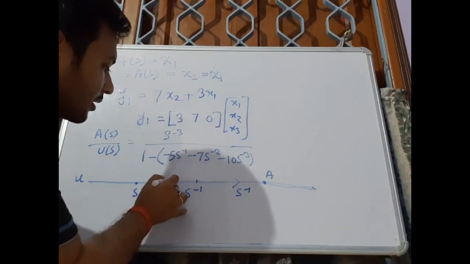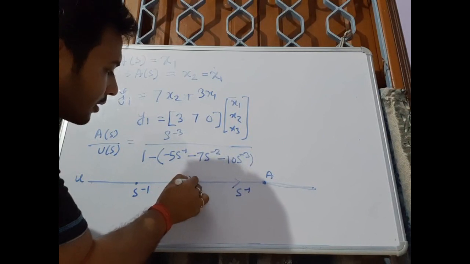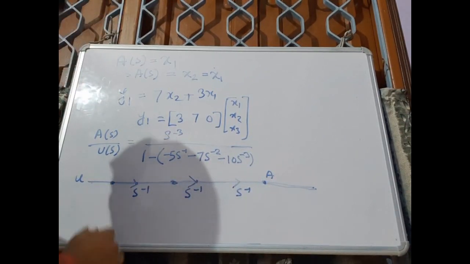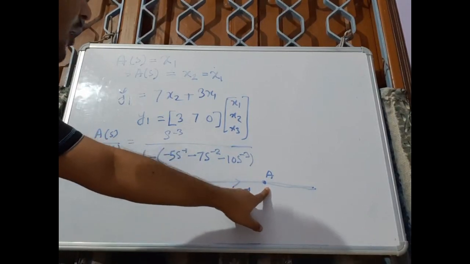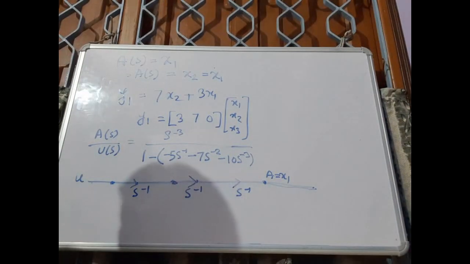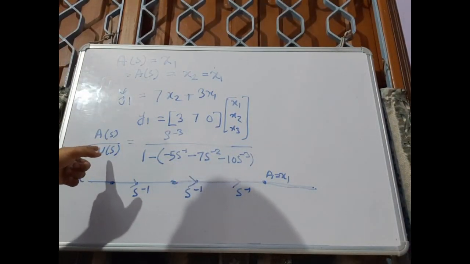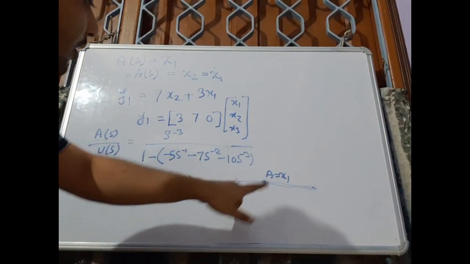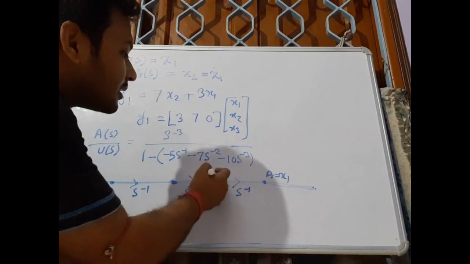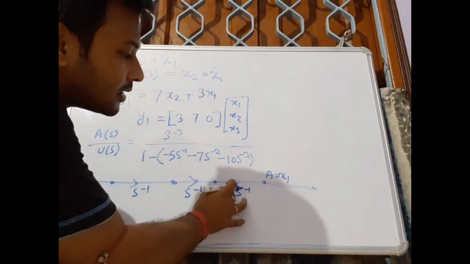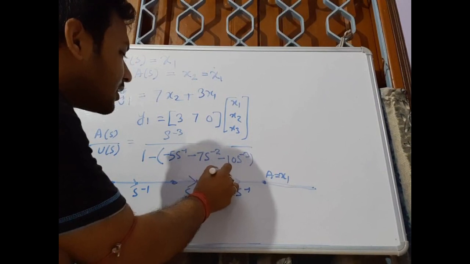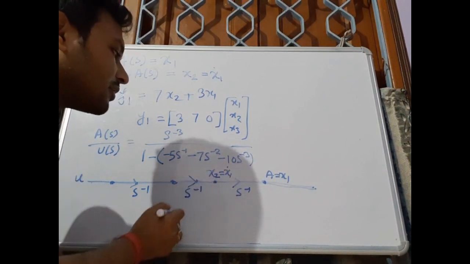This way. Now A is our x1. The derivative means the integrator, this is the integration part. So we have x2 here, that is equal to x1 dot.